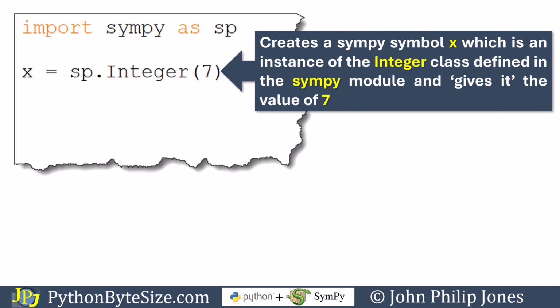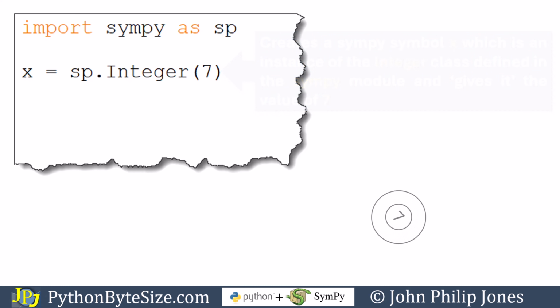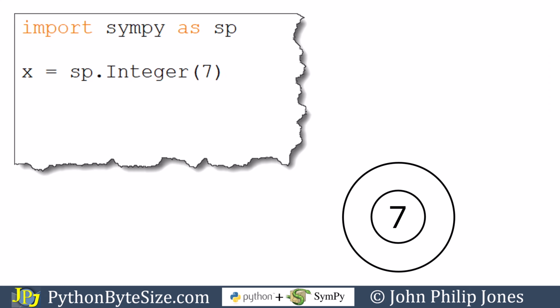Now I will represent this visually as shown here. We have created an instance of the integer class, and this instance you can see has the value of 7, and of course another name for instance is object. Now this object will have an object reference which points to where the object will be in the computer program.